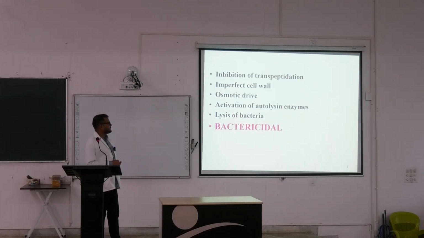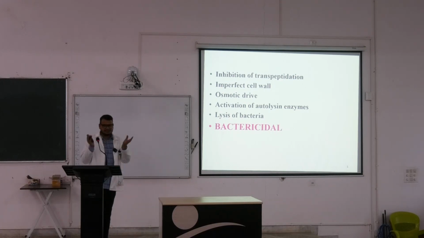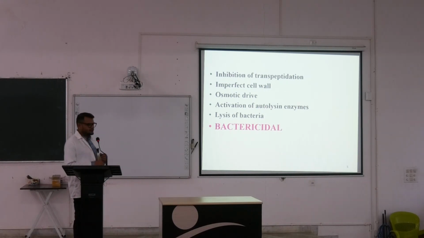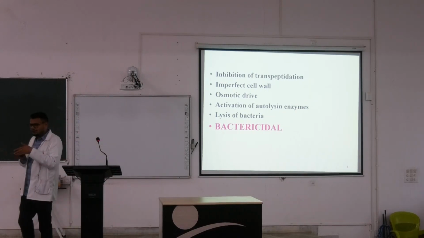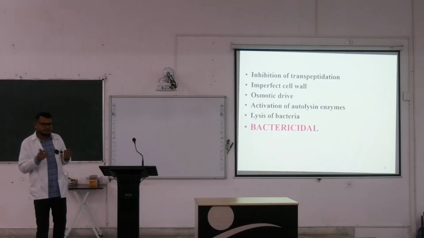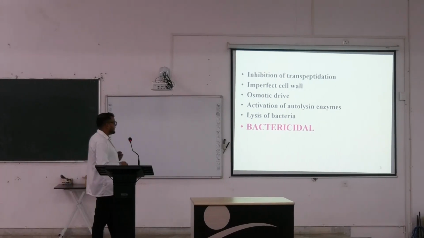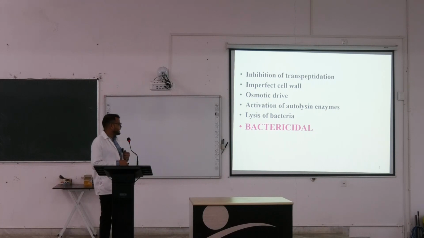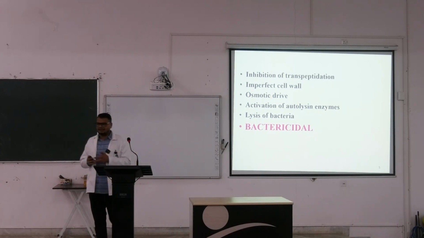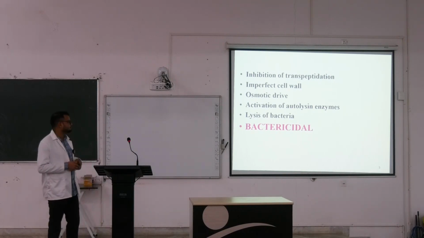Inhibition of transpeptidation makes the cell wall imperfect. Osmotic drive: if the cell wall is imperfect, there is entry of water or fluid into the bacterial cell and the bacteria dies. Also activation of autolysin enzymes within the bacteria. As a result, there is lysis of bacteria, and thus it is bactericidal. Okay.